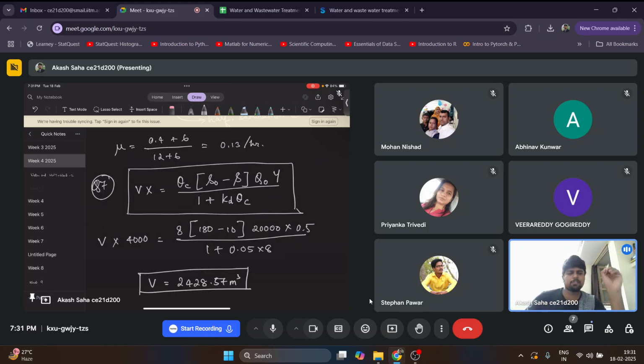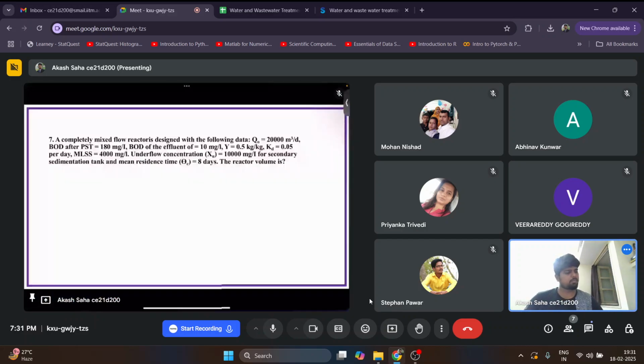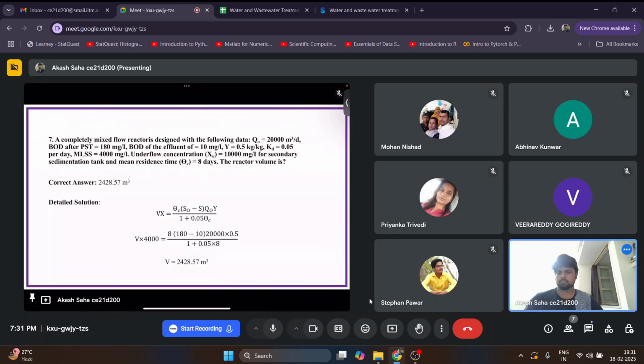So it is a direct formula, but you have to put the formula correctly. I hope it is clear. Any activated sludge problem, you have to apply this formula.